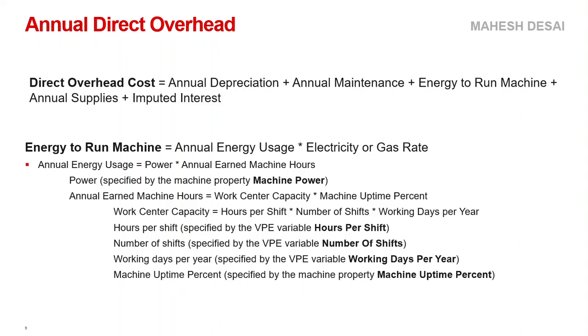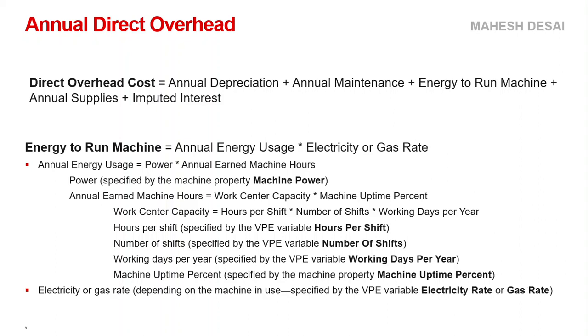Then there is machine uptime percent. With this number of hours, it may be possible that the machine uptime is only 95%, and 5% of the time the machine goes under downtime. So machine uptime percent is a machine property where we can set it.